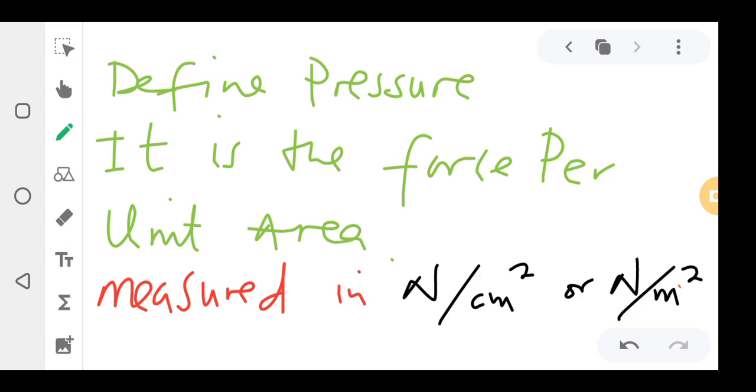If you are given centimeters, it will be newton per centimeter squared, or newton per meter squared. So those are the two units.